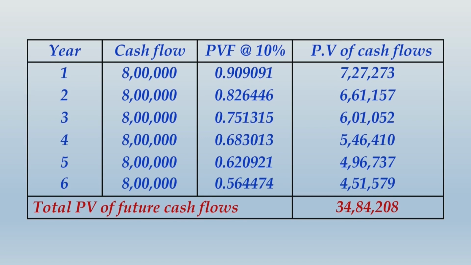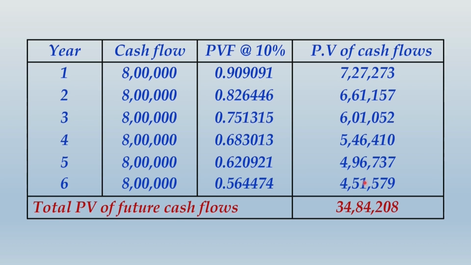That comes to 34,84,208. So please look into one thing, as a shortcut when you are dealing with annuities like this, each 8 lakh you are multiplying to respective present value factor, and the final amounts what you are getting you are adding up.